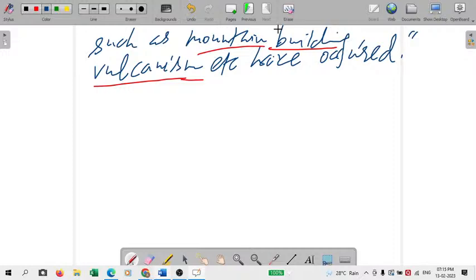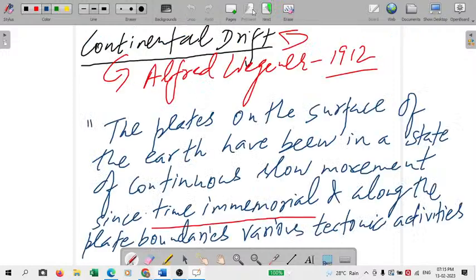Can I go to the previous slide so that you can note it down? Yes? Have a look. Since time immemorial and along the plate boundaries, various tectonic activities. What is the meaning of the word tectonic here? Activities related to earth movements.